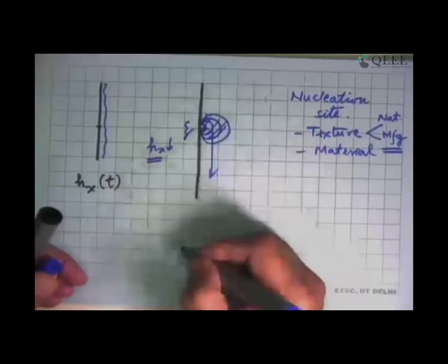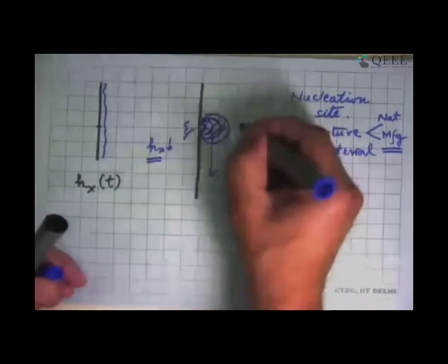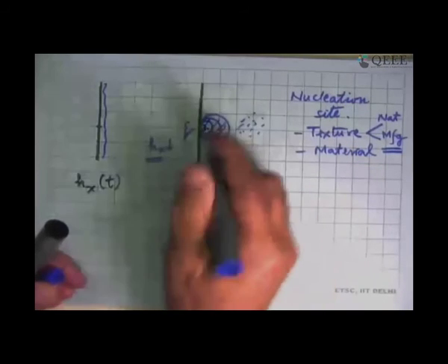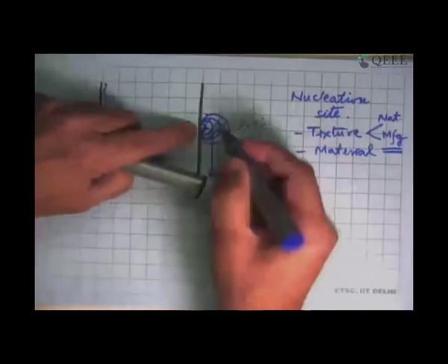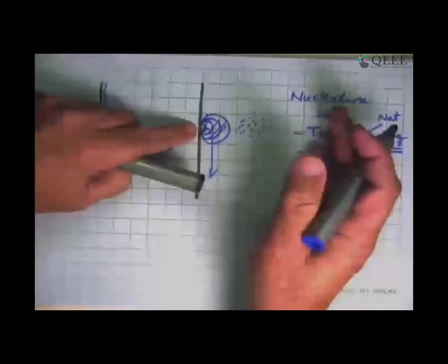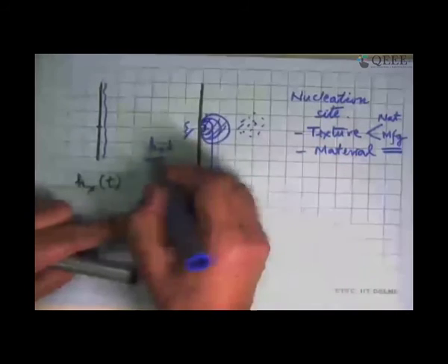But now, as soon as this drop breaks off and falls, this very surface is again exposed to the vapor there. So at one instant, this surface was seeing the drop. At the next instant, this drop was not there. When the drop was there, the heat transfer coefficient was low.